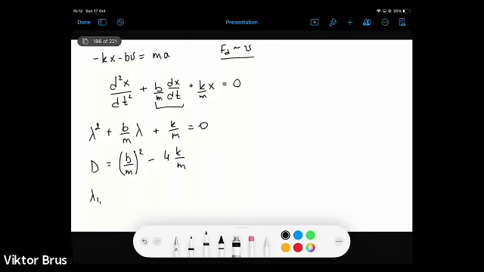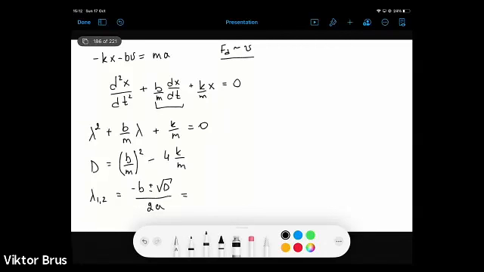We have two solutions, lambda 1 and lambda 2. That will be, let's write it in general, minus b plus minus square root of discriminant divided by 2a.